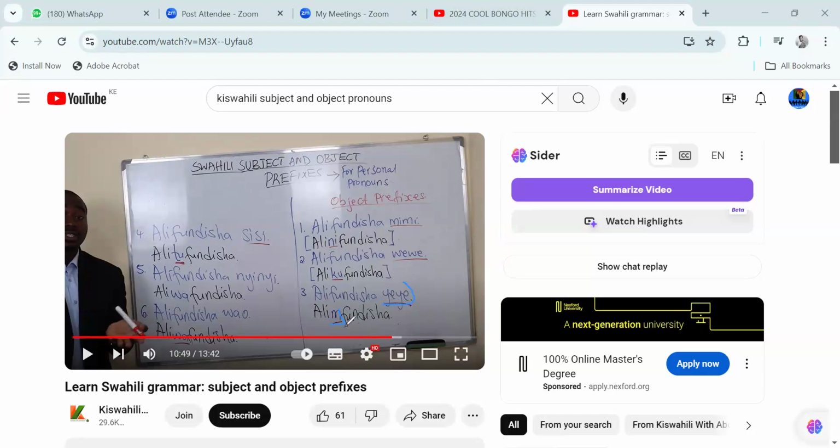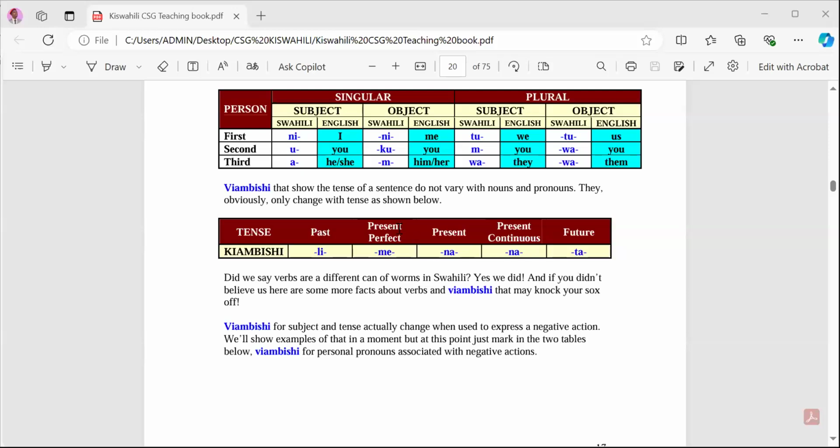Now this has actually also been shared widely in this book that you're using. So you see, when you say yeye alifundisha, remember that was what we said. But now here it is alimfundisha.